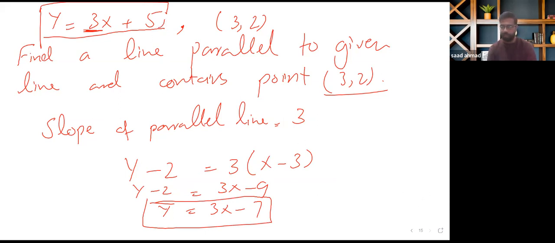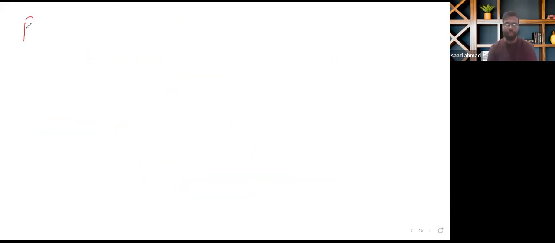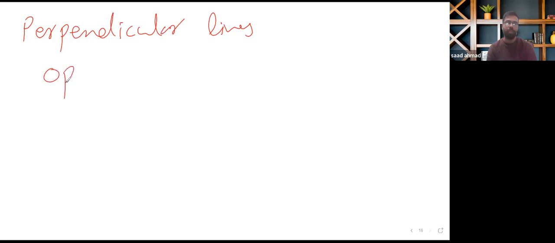So next thing is perpendicular lines. Perpendicular lines have slopes that are opposite reciprocals.